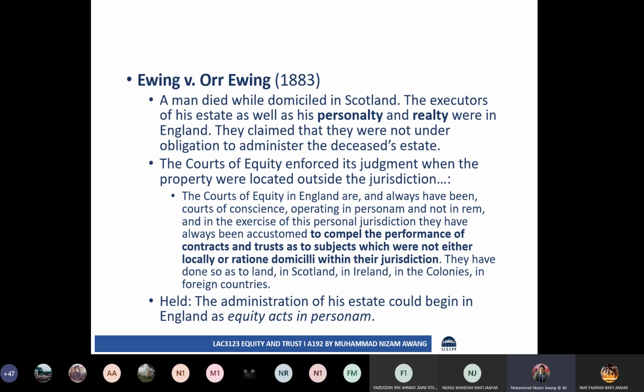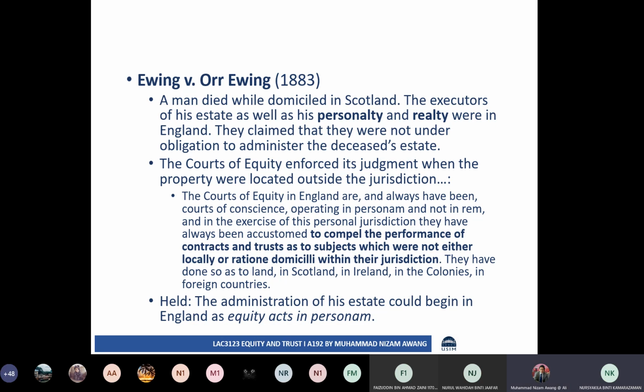The issue in this case was raised because the executor, the administrator, the trustee of the estate, as well as the personalty. Personalty refers to money and investment, basically a movable asset. Realty refers to things like land, immovable assets.